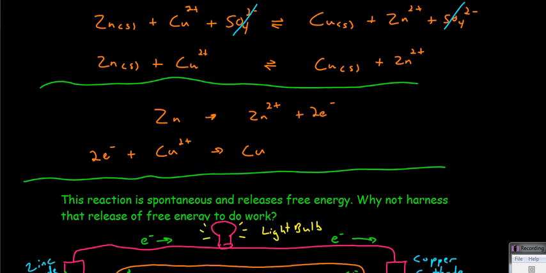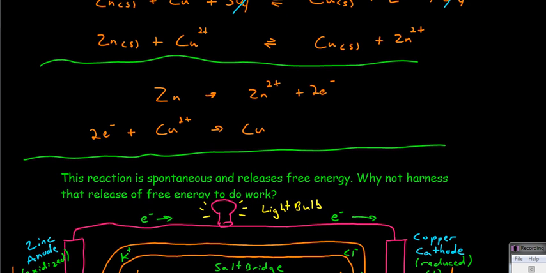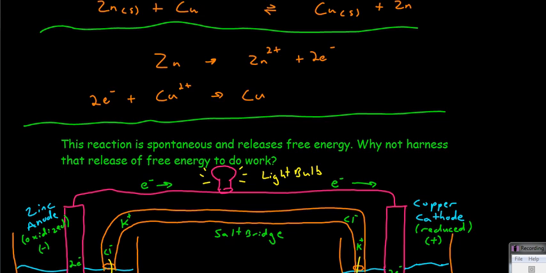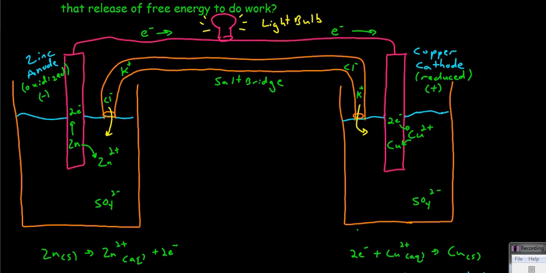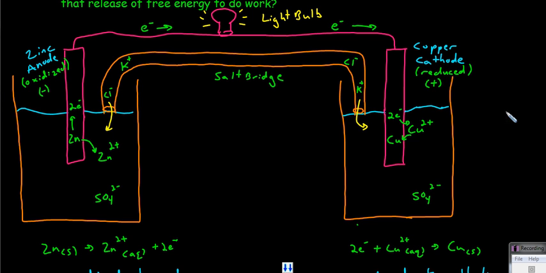batteries. Why not, instead of just allowing that spontaneous reaction to occur, this reaction which releases free energy and has a negative delta G, harness that free energy so that you can do work with it? Why just waste this ability to do work? You can harness the free energy of this reaction by having the reaction occur in 2 separate cells.